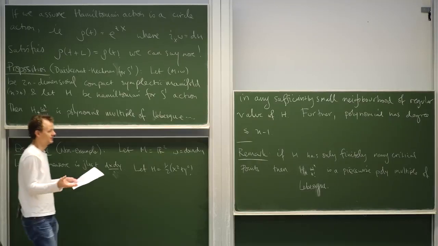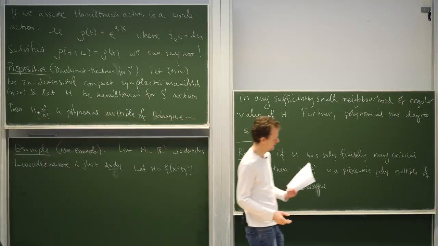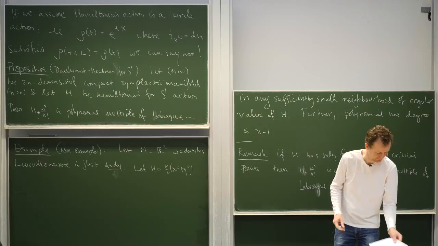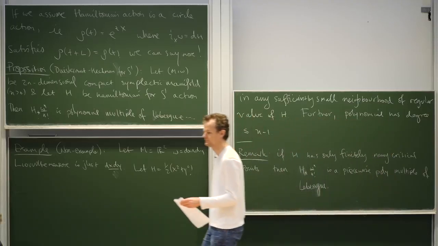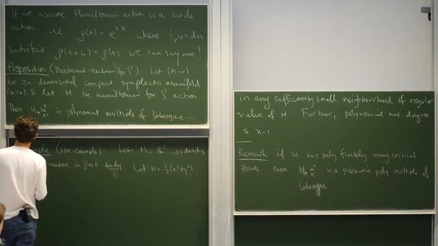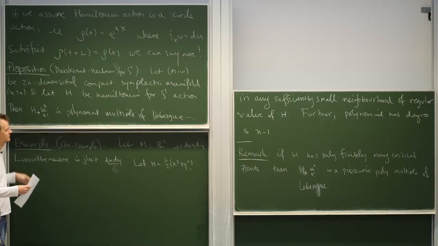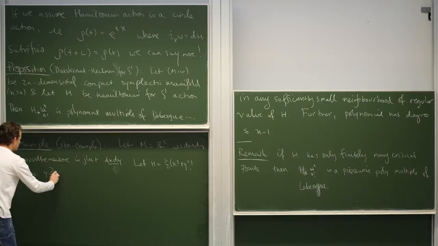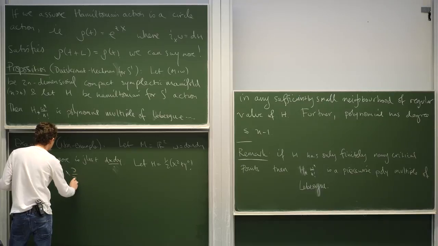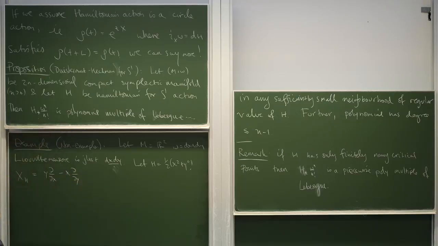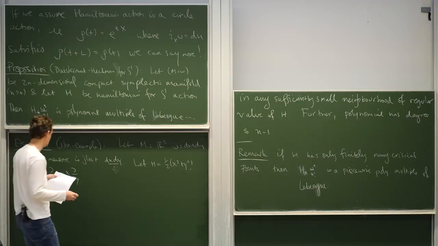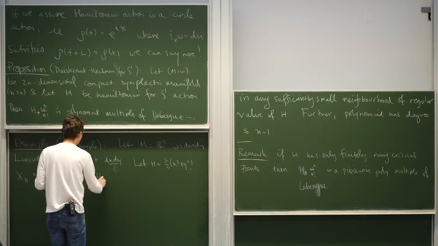And then let's look at the level sets and look at the area of the pre-image of some range of energies. We know that the vector field generated by this Hamiltonian, we've done this in examples and exercises, is y d/dx minus x d/dy. And we know the Hamiltonian action is periodic.